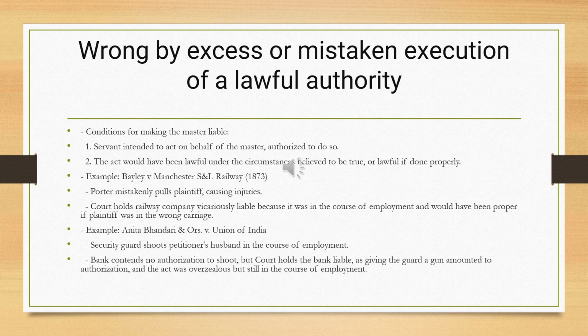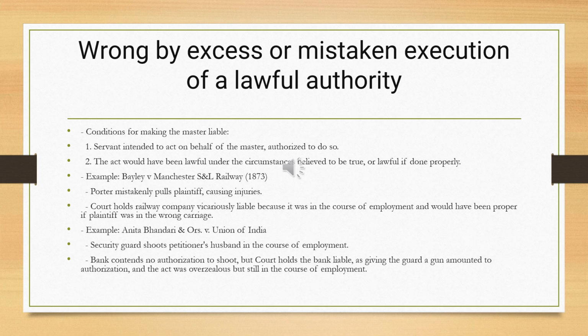In Anita Bhandari and others versus Union of India, the husband of the petitioner went to a bank, and while entering inside, the cash box of the bank was also being carried inside. As a result, the security guard in haste shot him and caused death.